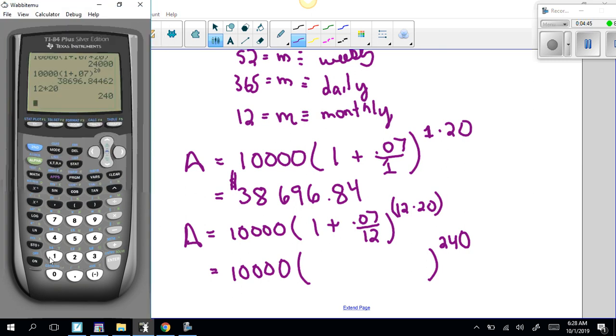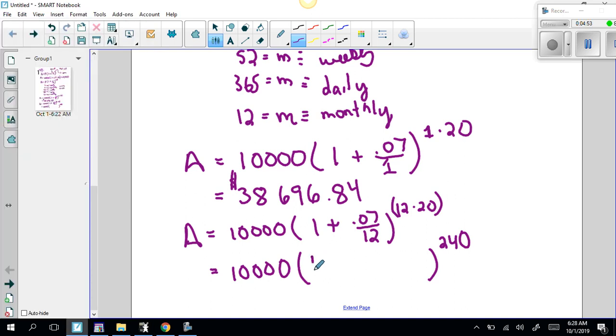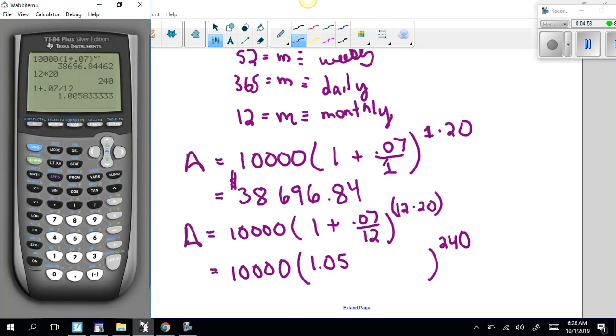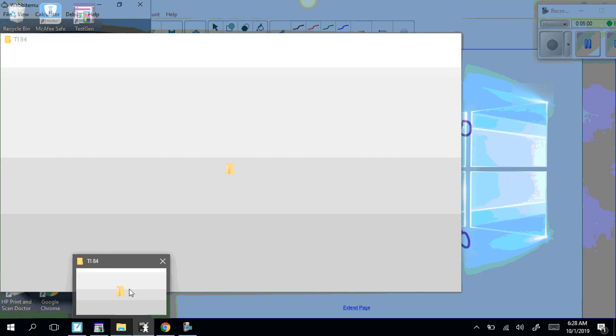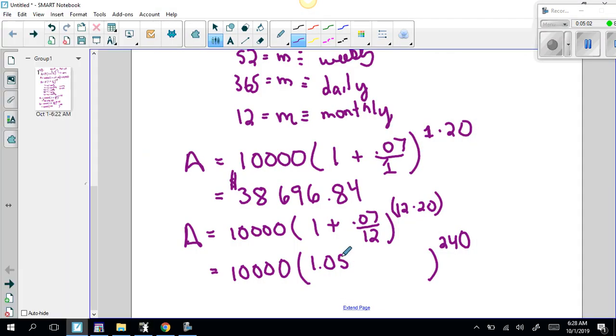And then I'll do the 1 plus 0.07 divided by 12, and I'll write down all the decimals. 1.00583, threes forever.